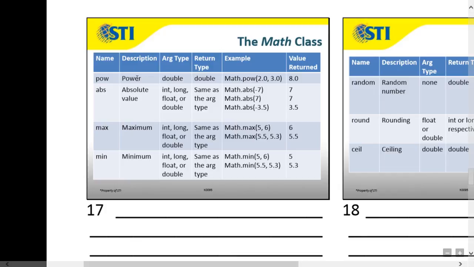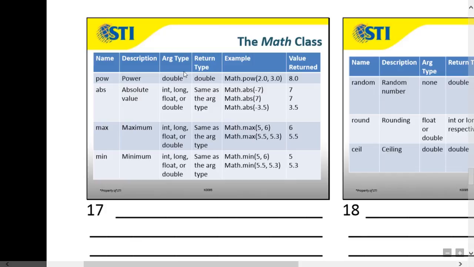Here is an example. Its name is pow, and normally it gives us the value of the power, the scientific method of getting the power of a number.